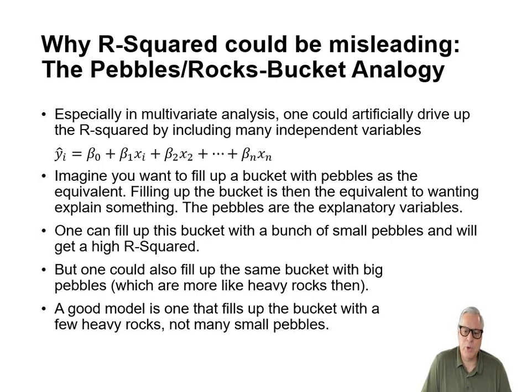One can fill up this bucket with a bunch of very small pebbles, and one will get a high R squared. But one could also fill up the same bucket with big pebbles, which in this case are more like heavy rocks. And a good model is one that fills up the bucket with a few heavy rocks.